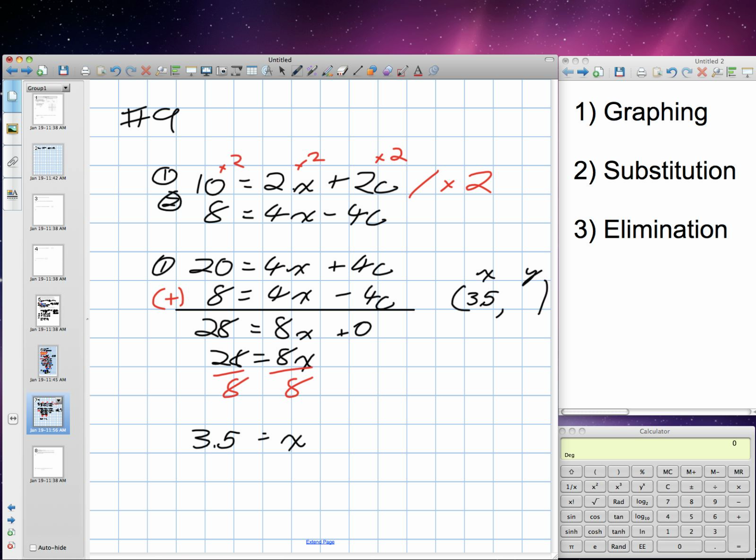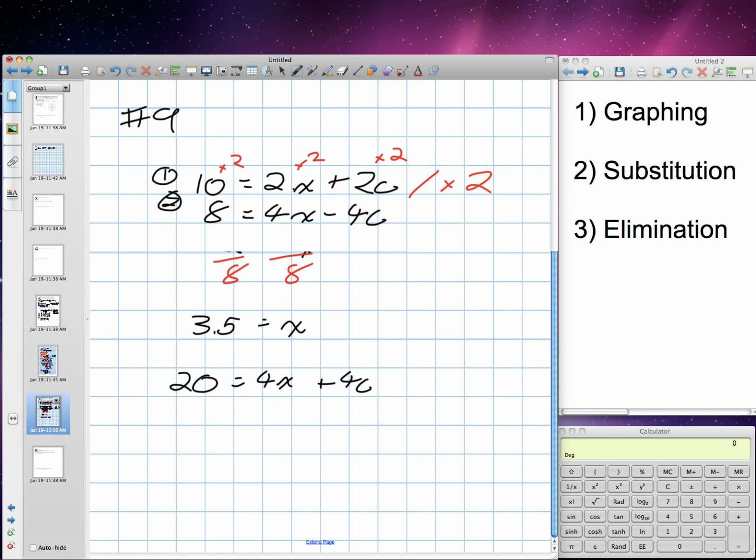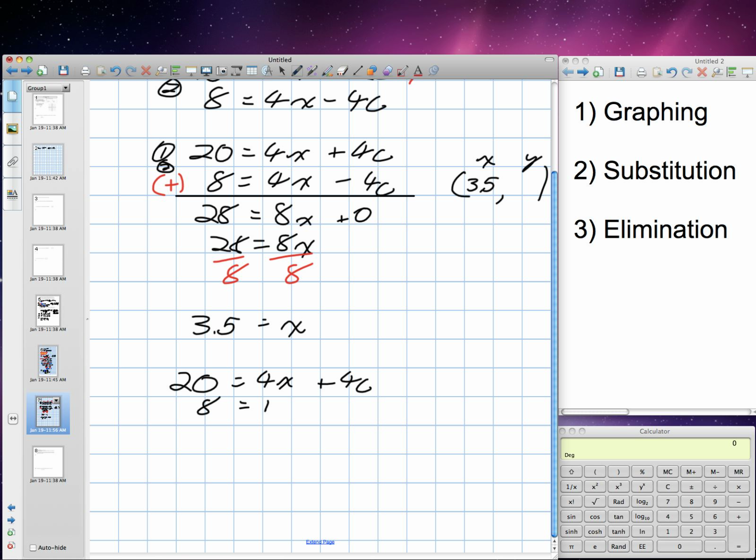Now I'm going to eliminate again, using the other operation this time. We'll use those same two equations. This time we'll subtract the two of them. When we subtract, our x's will eliminate. So 20 subtract 8 is 16. 4x minus 4x is 0.